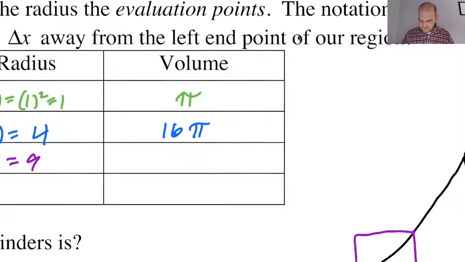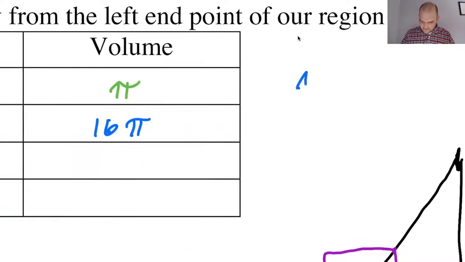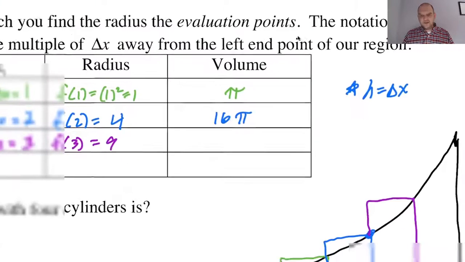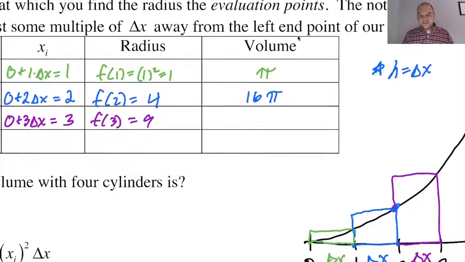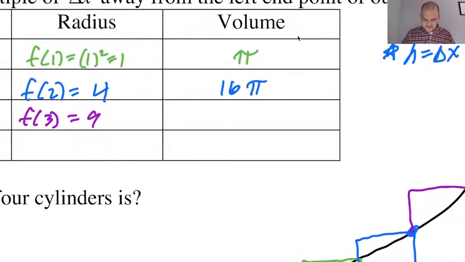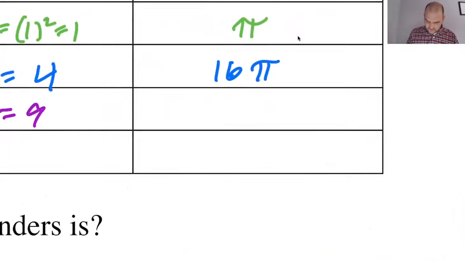Let me in fact make a note of that. h equals delta x, so that I don't mess it up again. So in this case, this will be easier than I was initially thinking, because it's pi r squared times 1, because h is 1. So this will just be 81 pi.